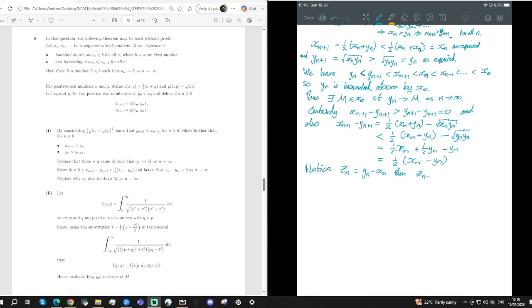Then Zn plus 1 is negative xn plus 1 minus yn plus 1, which is not going to be less than, it's going to be more than negative a half xn. Once you swap the sign, you swap the inequality direction, and that's equal to the half Zn, but that's not necessarily decreasing though, because of this half now, sorry, increasing.